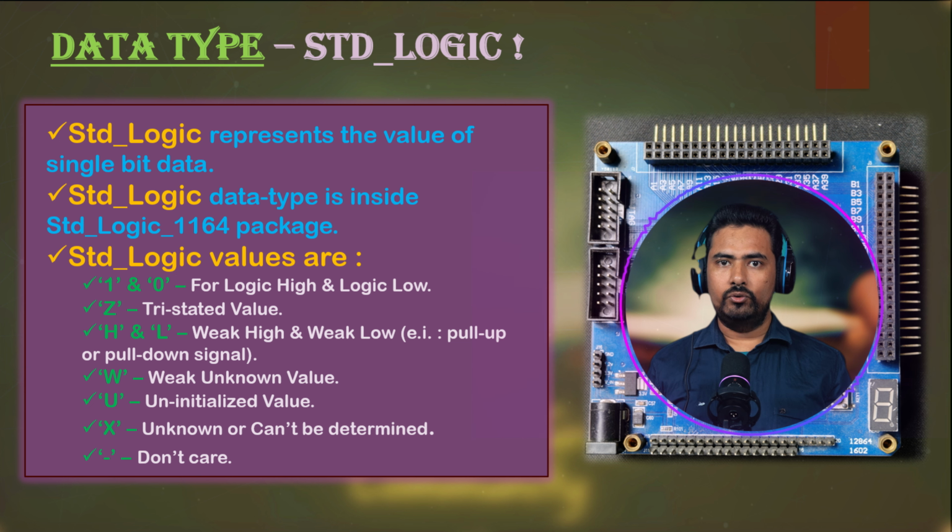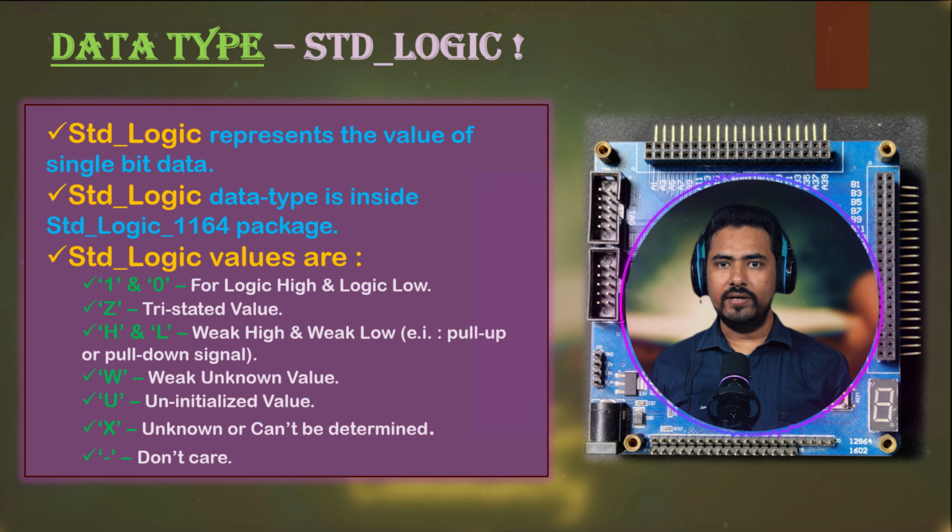Beyond the basic 0 and 1 values and the Z state, which we just discussed, we have more states in std_logic. We have the H and L states indicating weakly driven high or low states respectively. Imagine a wire with a weak pull-up or pull-down resistor, influencing its voltage but allowing a stronger driver to override it.